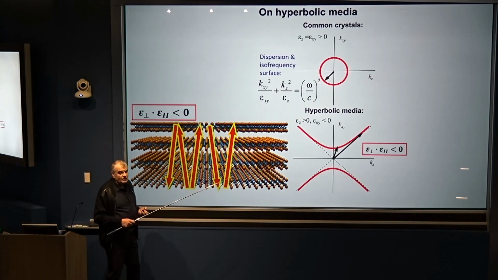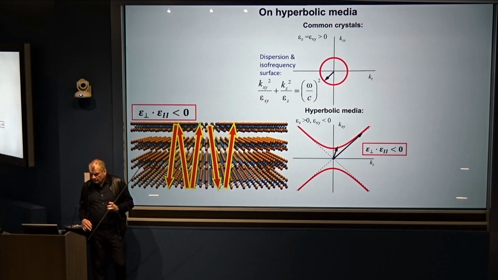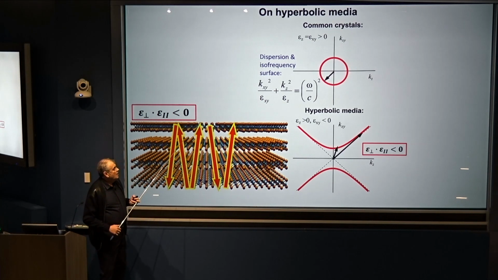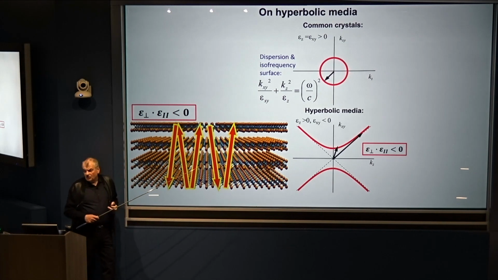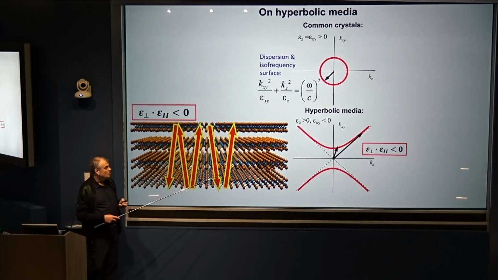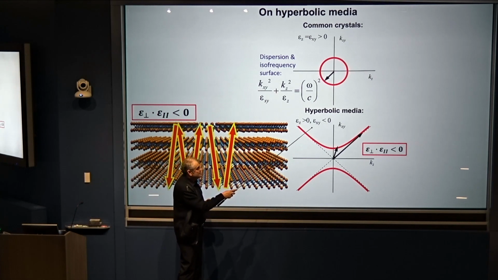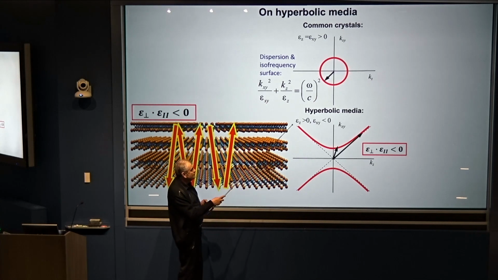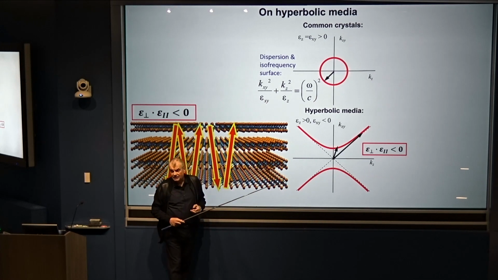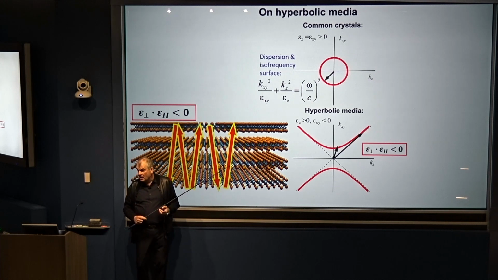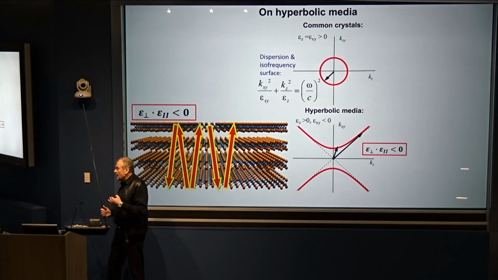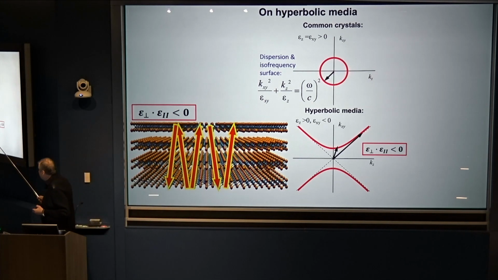You see a lot of exotic behavior in the isofrequency surface of these modes. If you have opposite signs of the dielectric function, the isofrequency surface is a hyperboloid. That's where the name is coming from. And it implies many exotic things. For one thing, you have access to infinite wave vectors.